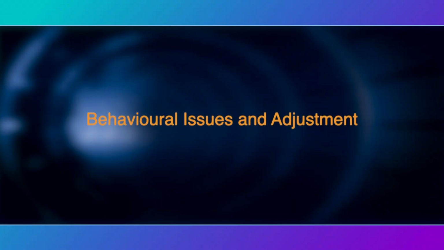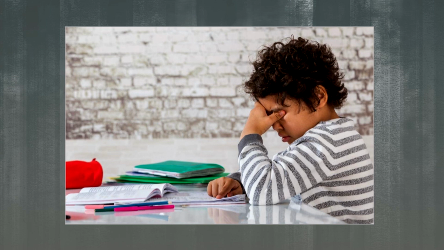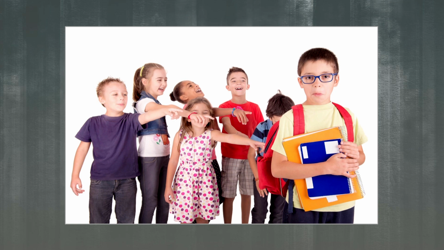Then comes the behavioral issues and adjustment. A child with learning disability appears to exhibit emotional problems due to adjustment difficulties resulting from academic failures. Deficits in social behavior or social skills were found to exist at significantly high rates among children with learning disabilities, making it difficult to adjust.